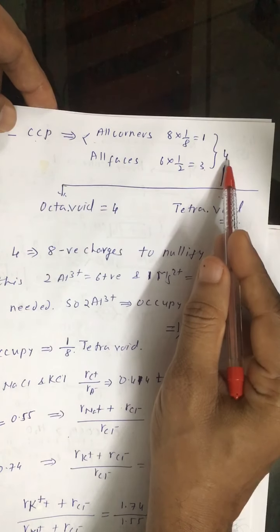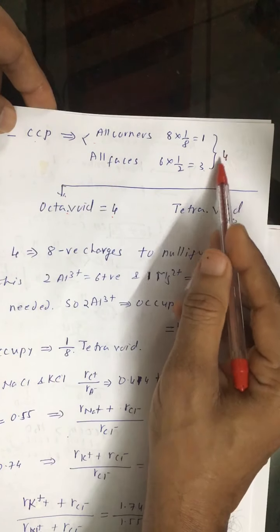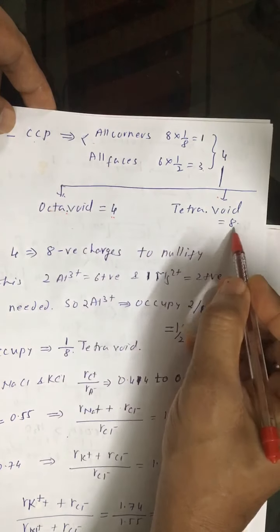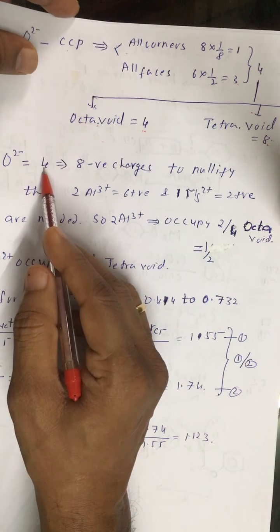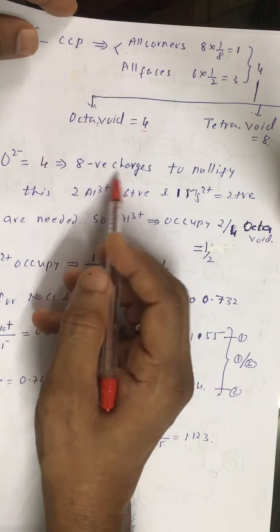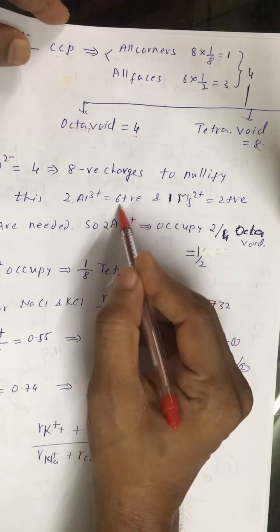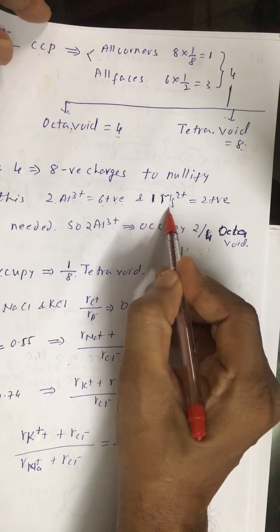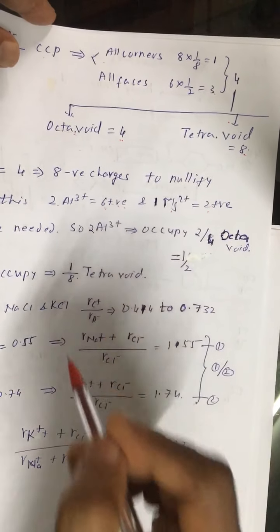Now since we have 4 oxide ions, it will produce 4 octahedral voids and 8 tetrahedral voids. Since O2 negative is 4, the negative charge is 8 negative, and to nullify it we need 2 Al3 positive, so it is 6 positive, and 1 magnesium 2 positive, so 2 plus 6, 8 positive.